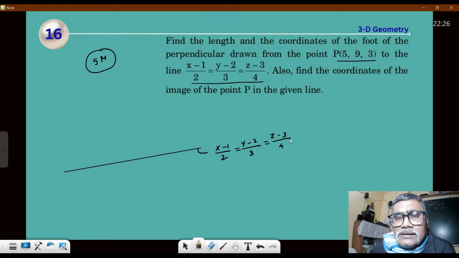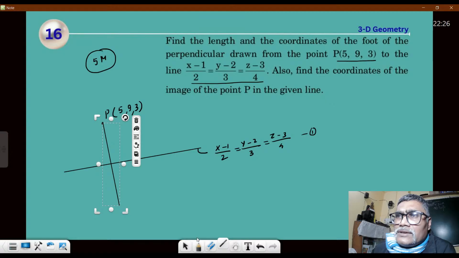Fine. I'll write the statement as given line is this, and then I'll write this as 1. This is the point from where I have to draw the perpendicular, 5, 9, 3. Right? I have to draw the perpendicular, and then I have to find the foot, and at the same time I have to find the image. So together I have extended up to this.